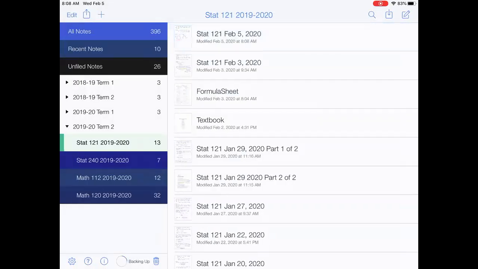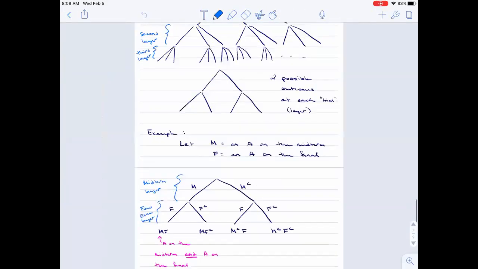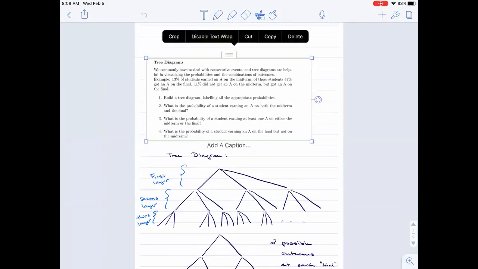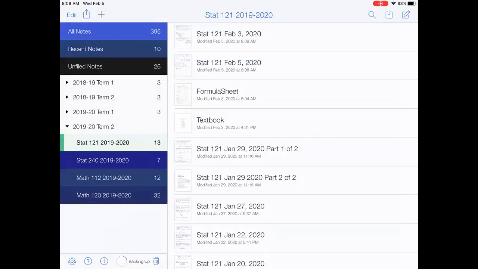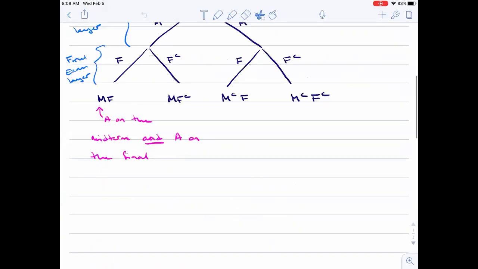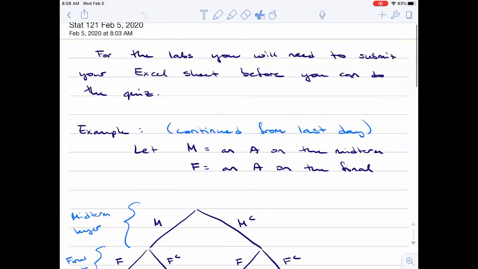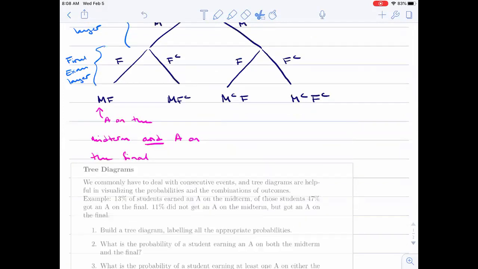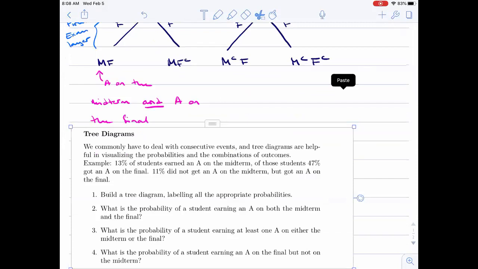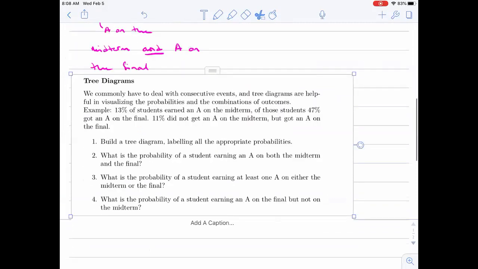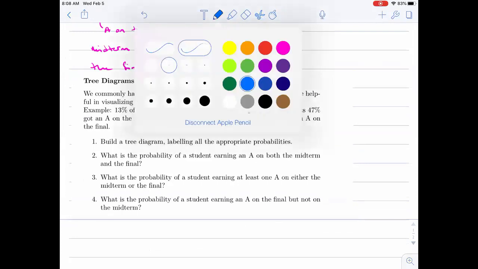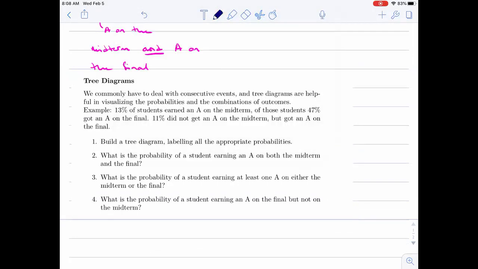And I guess I could steal the actual question. Copy. Oh, come on. Where am I supposed to paste this? I guess it should have gone above, but that's okay. We'll survive.